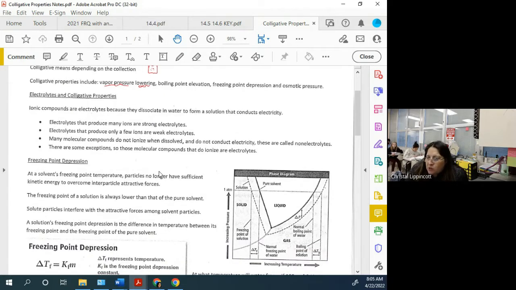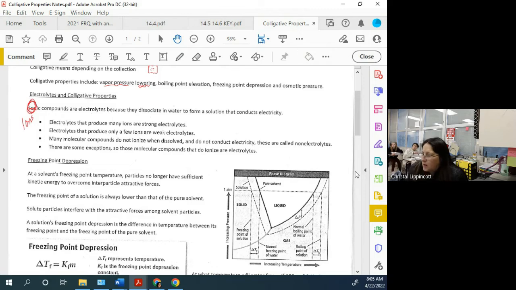Ionic compounds are electrolytes. They're going to disassociate in water. They form a solution that's going to conduct electricity. Why does it conduct electricity? Because they are ions.